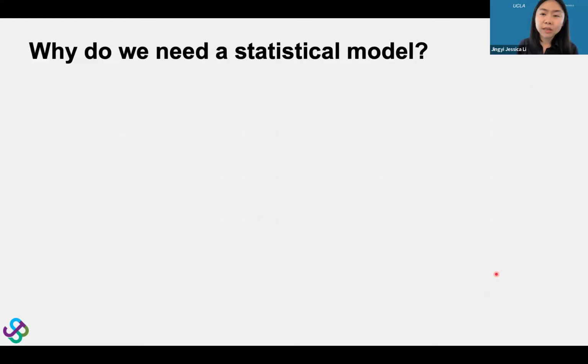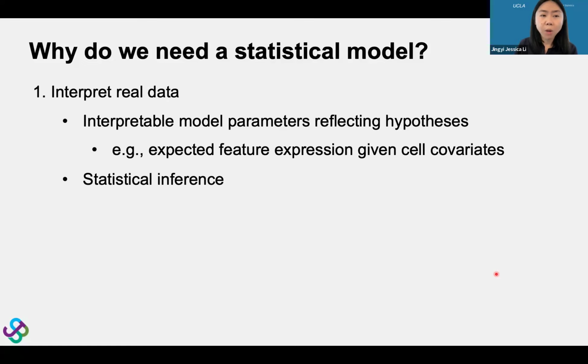Then why do we need a statistical model for such type of data? Just for your information, as these technologies are so popular, there are numerous algorithms for analyzing them, and they are not necessarily using statistical models. I think a statistical model will be helpful because if the model parameters are interpretable or reflect certain scientific hypotheses, then it's useful.